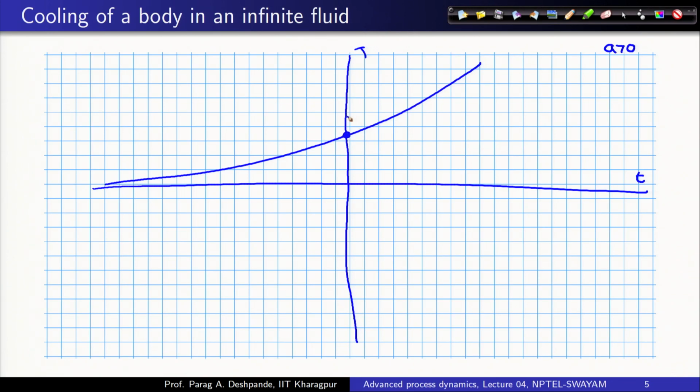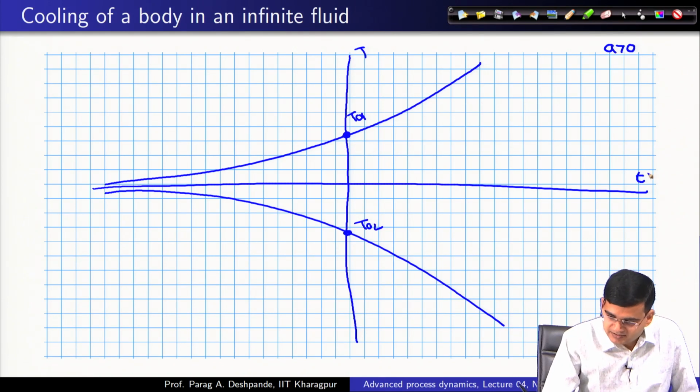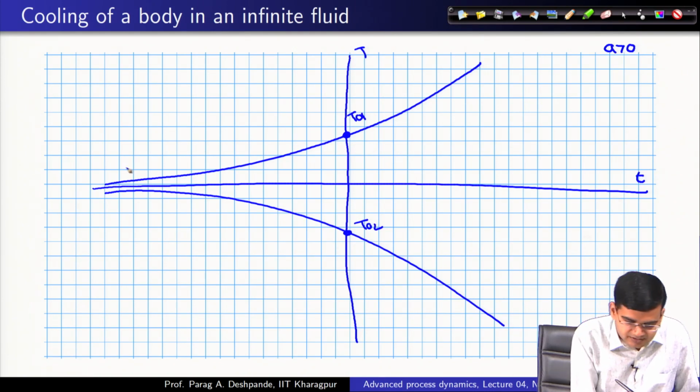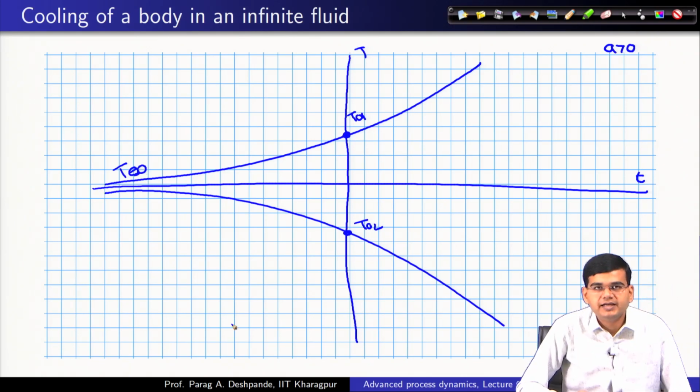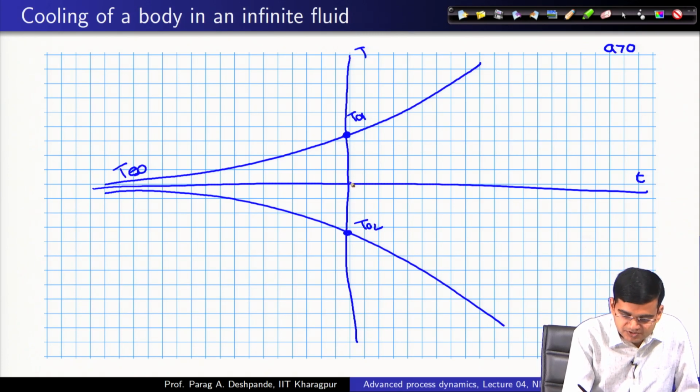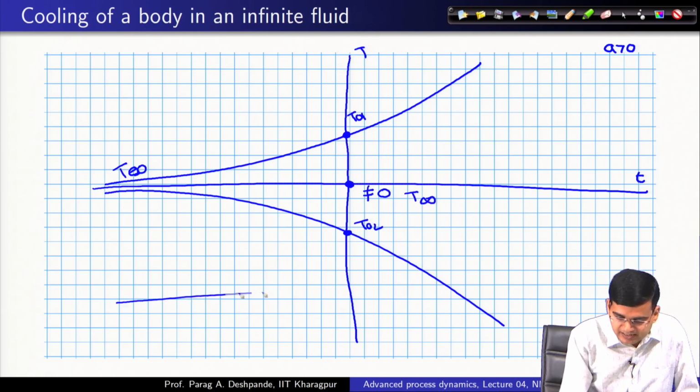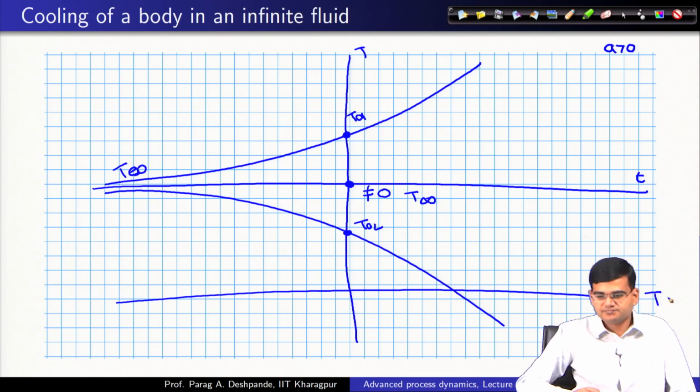So, you start with T 0 here, okay. You diverge, and similarly you go here, this is T 0 2, right, and this would be your T infinity. Okay. So, you will need to shift the axis, so this point is not 0, this is T infinity. You can draw the x axis like this. So, this is T.